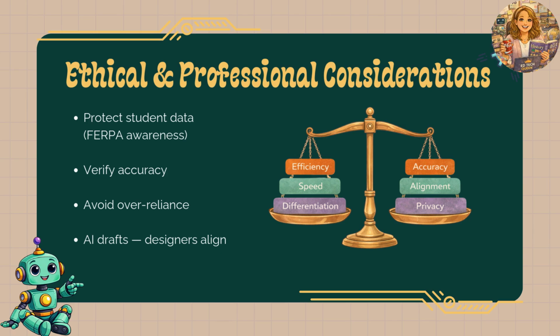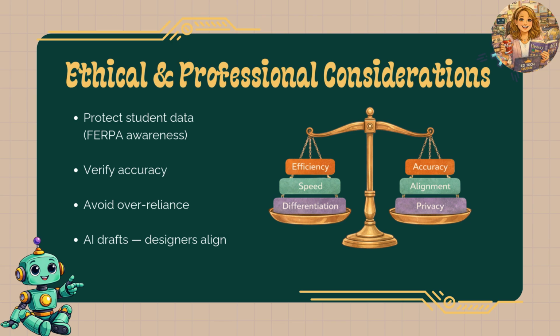Now, we can't talk about AI without understanding some of the ethical and professional considerations. AI use requires professional responsibility. There are risks of bias. There are risks of inaccurate information. In K-12 settings, FERPA considerations are critical. We should never input identifiable student data into these systems.